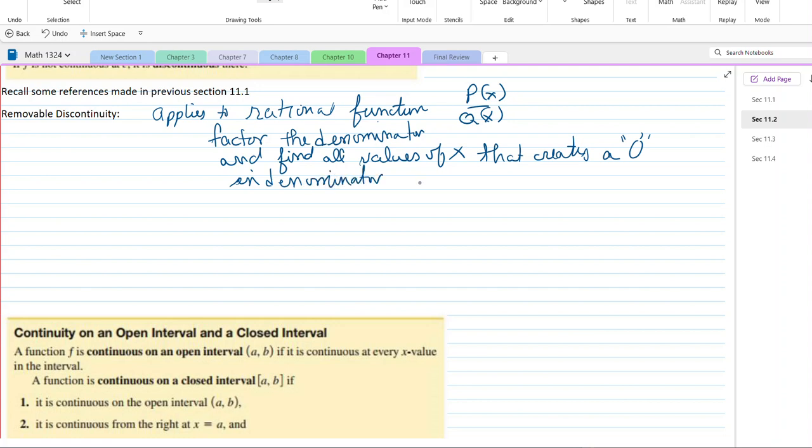Or a removable point. Because it doesn't fit into that item.